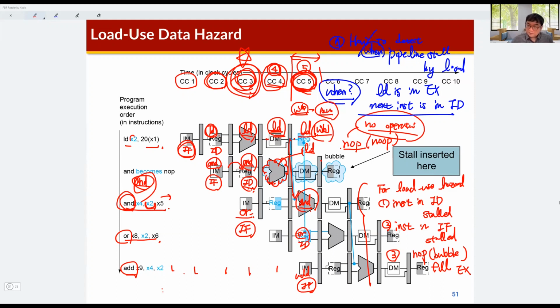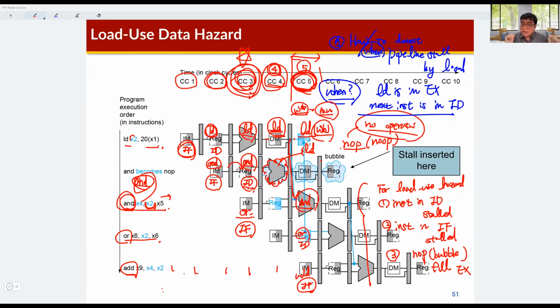For the normal cases, every instruction fills every stage of the pipeline, so the clock cycle is not wasted.